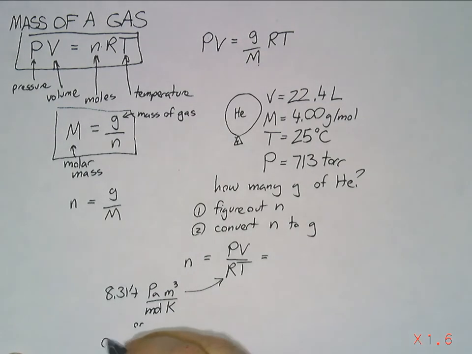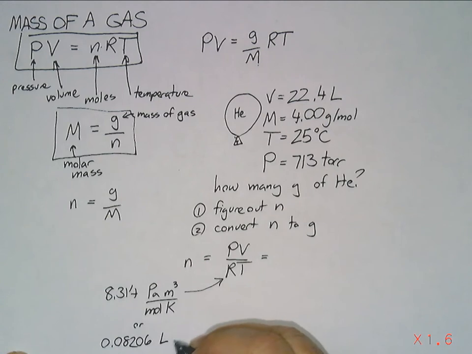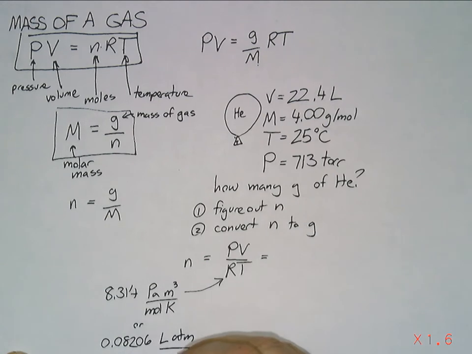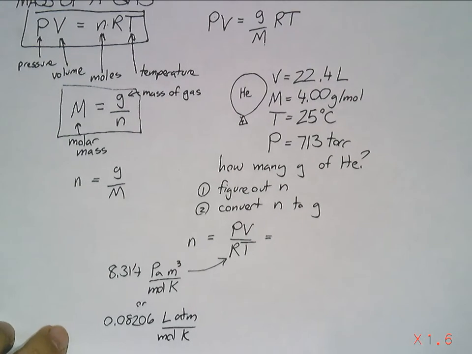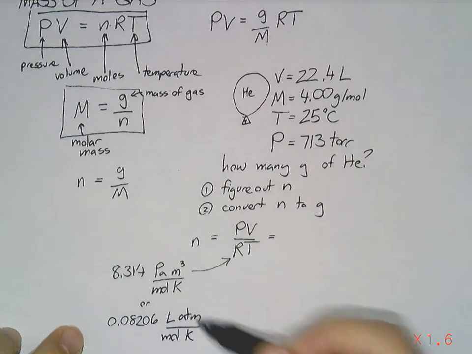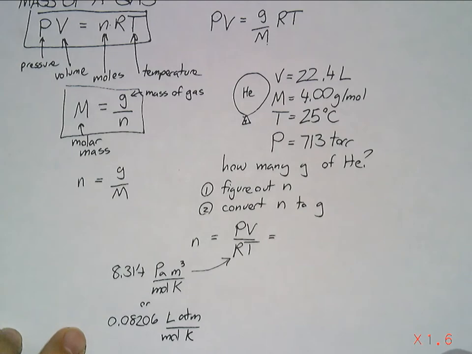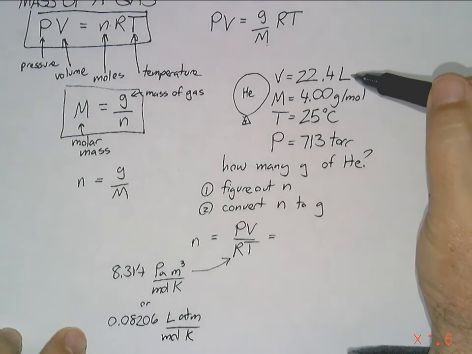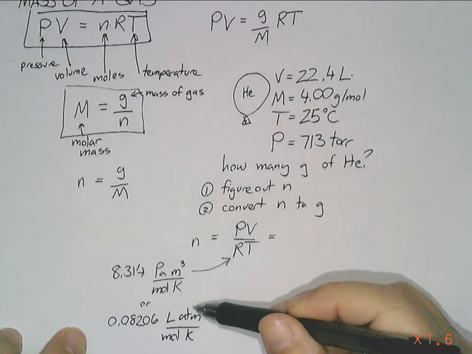Or 0.0820 liter atmospheres per mole Kelvin. That's another value I can use. If I choose the second value, I've got to use liters and atmospheres for my units in here. Well, now I've got liters here, so I'm going to choose this one.